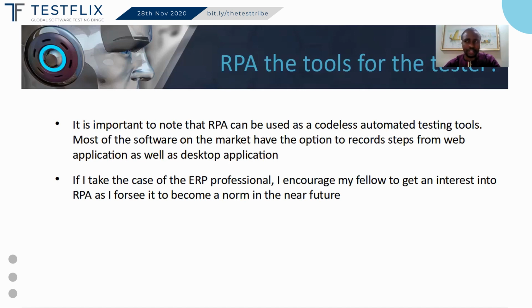One aspect of RPA that hasn't really been mentioned is that we can use it as a codeless automated testing tool. Depending on your skills as a developer, you can definitely add that complexity within your RPA code.